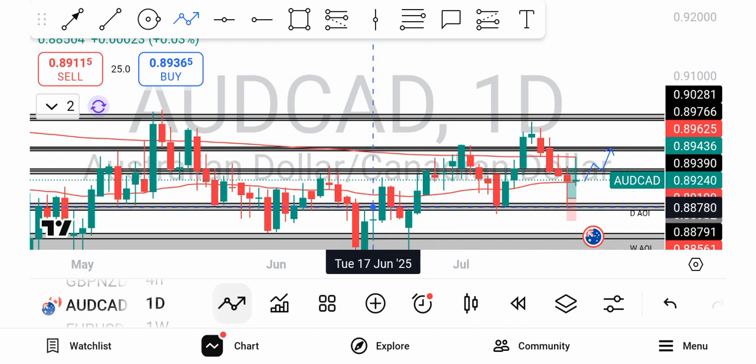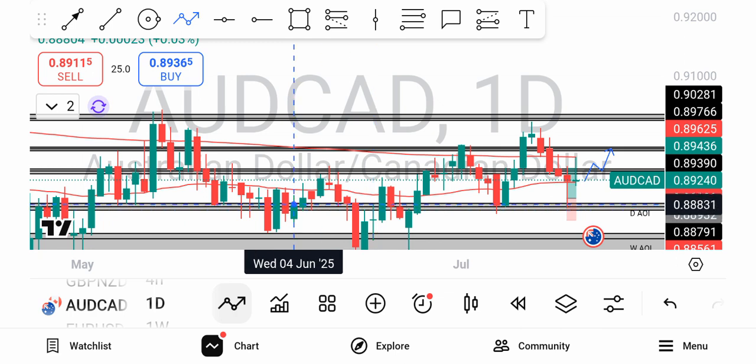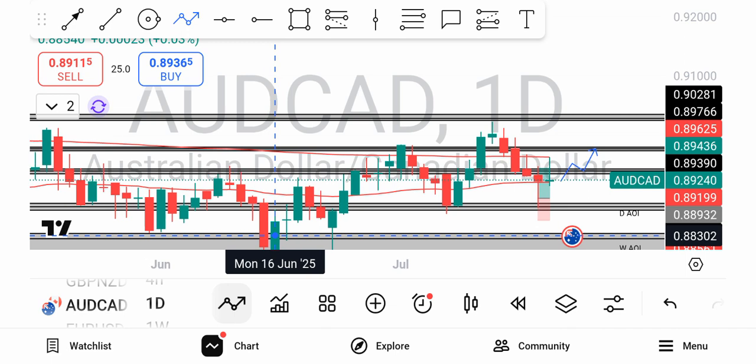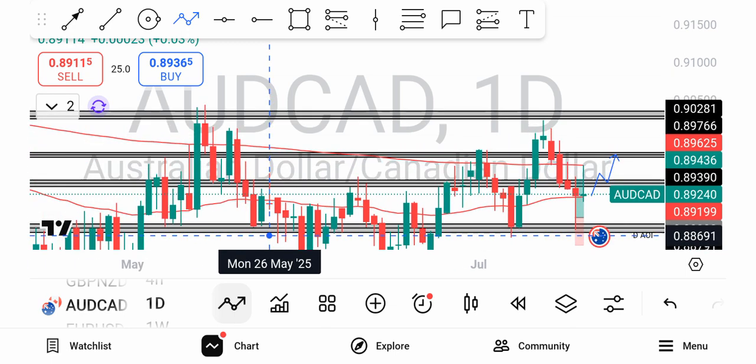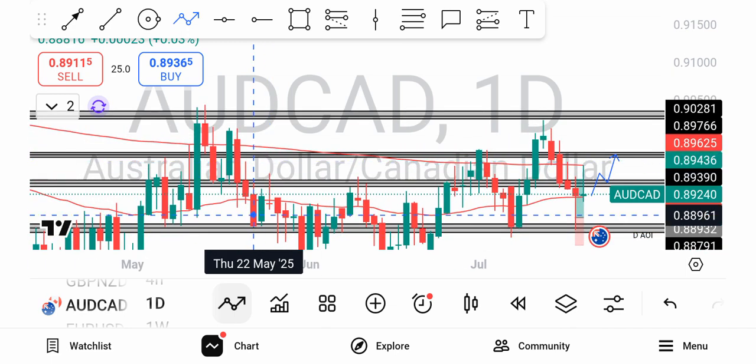Now for an area of interest to be legit or strong, I make sure that price has stepped into this area of interest at least three times. As you can see, wait, hold on.